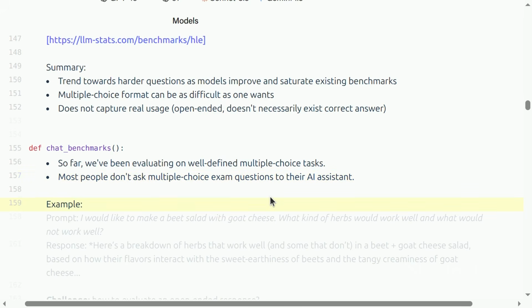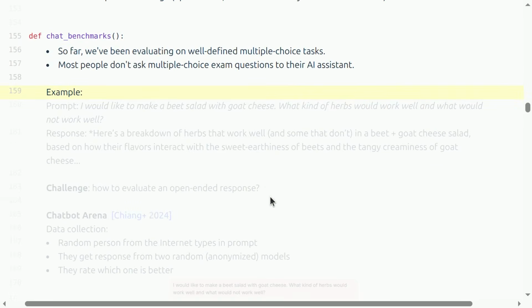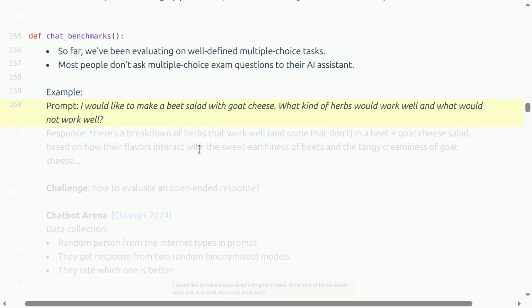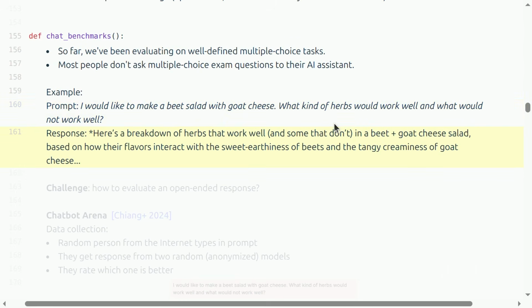Here's an example, semi-inspired by a real-world use case. I might say: I want to make a beet salad, which herbs will work well and which wouldn't?